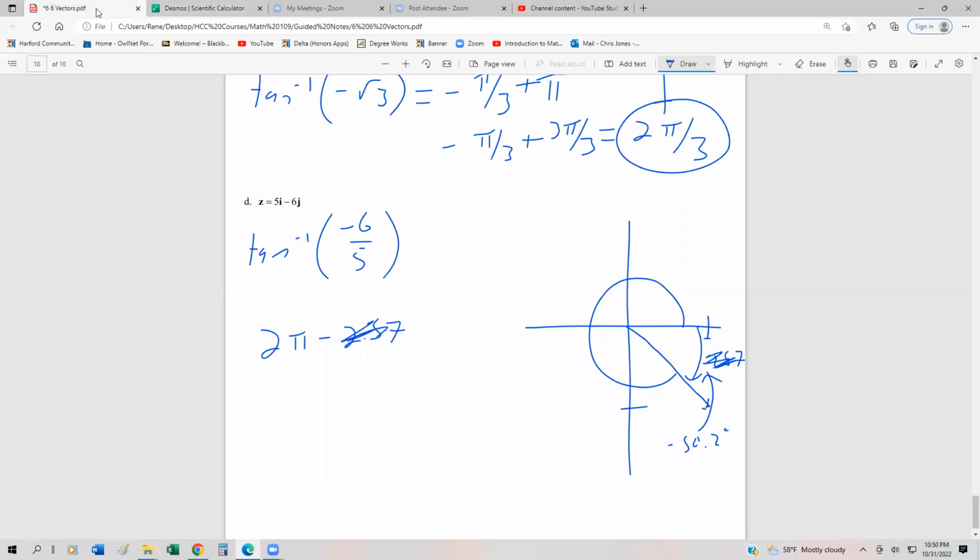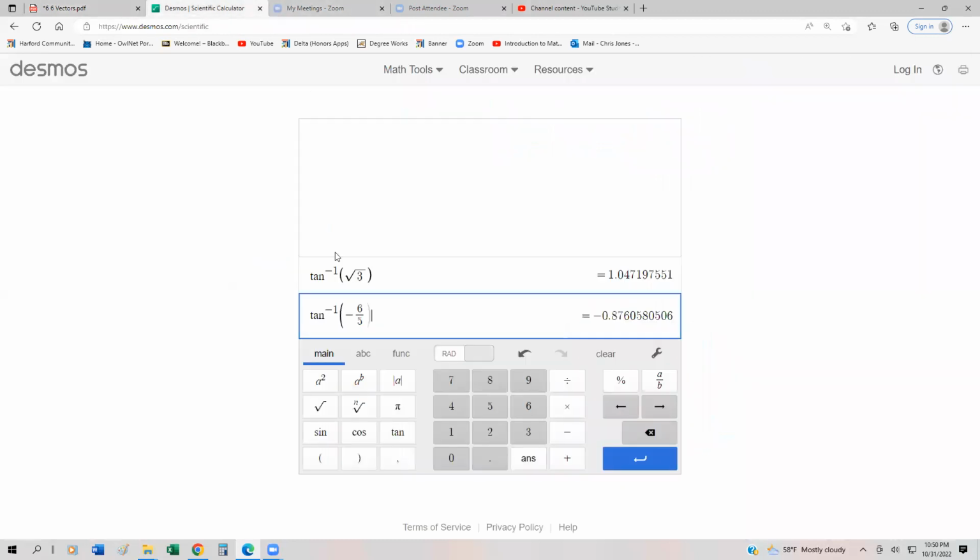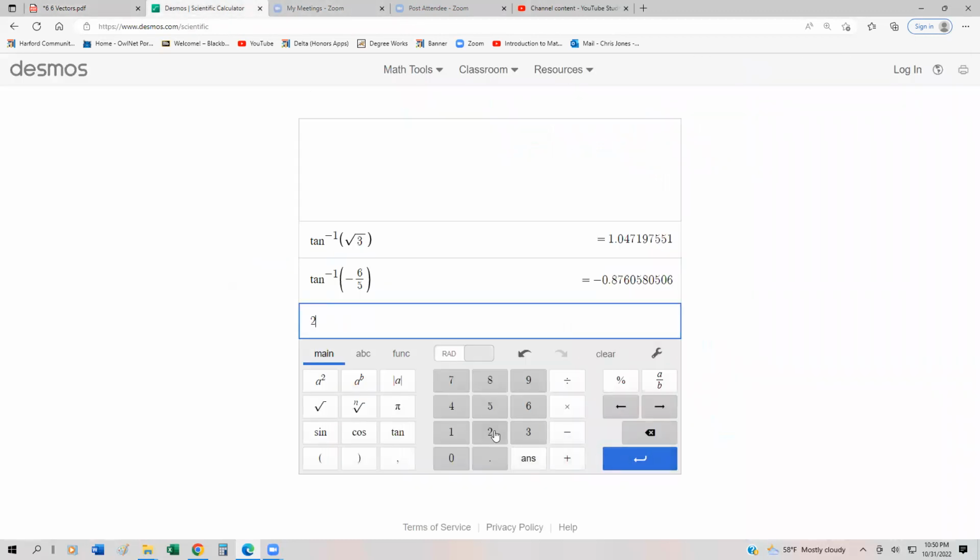So, right, so if we went in our calculators and we just took 2 pi and we subtracted 0.88, that would be the radian measure.